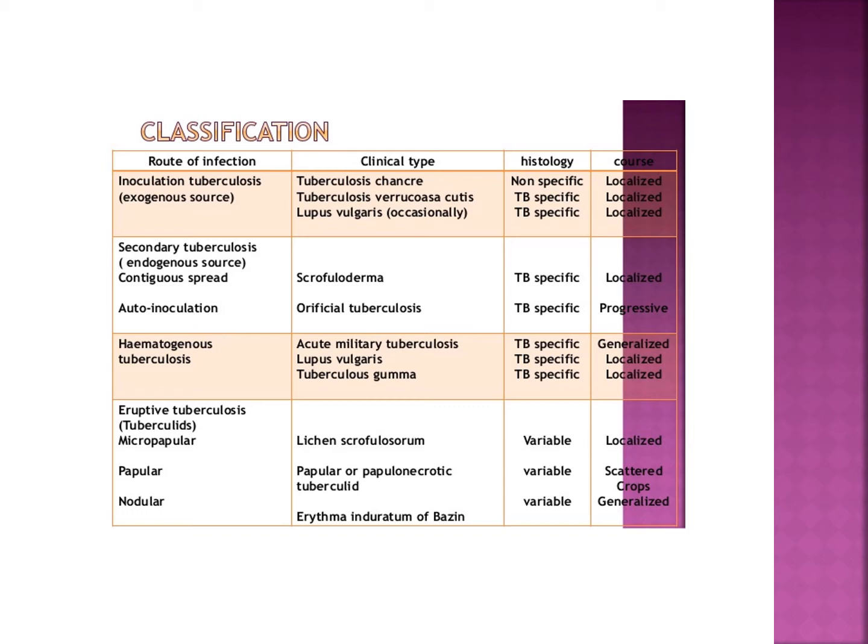Then there is hematogenous tuberculosis, through blood, which spreads to different parts of the body and has its manifestations. The clinical types include acute miliary tuberculosis and commonly lupus vulgaris in this type, which we earlier said is occasionally an inoculation form also, but mostly it is by hematogenous spread.